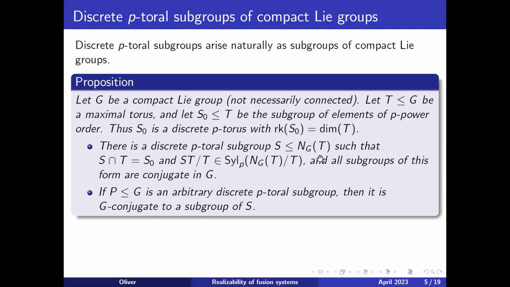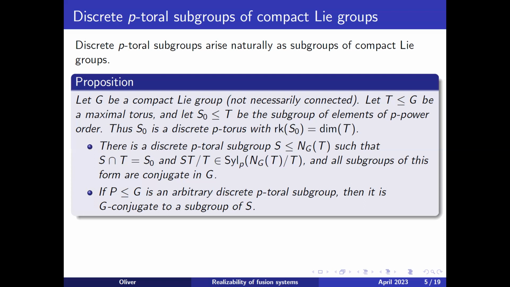But anyhow, you've got a compact Lie group G, with maximal torus T. Let S naught be the subgroup of elements of p-power order in T. Then S naught is a discrete p-torus whose rank is equal to the dimension of T. That's easily seen.